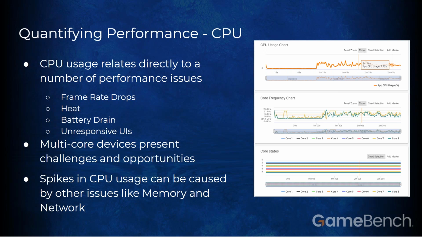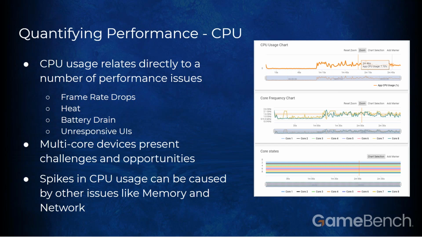And when we look at CPU usage, that has a similar kind of effect like frame rate does, where other metrics, other elements in the computing process can cause spikes in CPU usage. So two of the most frequent things that we see are memory usage issues and network usage issues causing spikes in CPU as well.